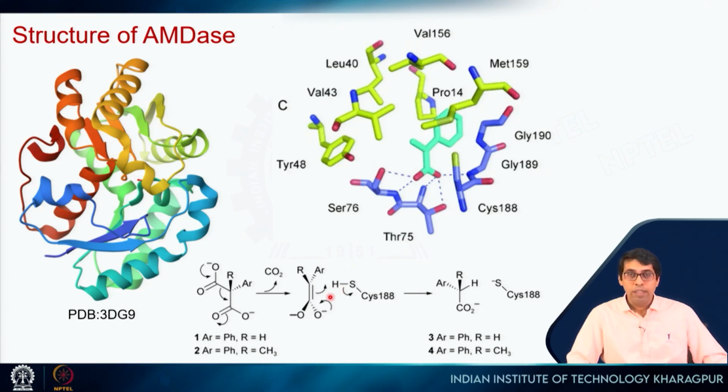The proton is given by this cysteine and this particular isomer is formed. Since the cysteine is only on one side, the proton comes from one side and only one isomer is formed, right. So, that is why this enzyme can produce this product not as a racemic mixture, but as only one isomer.